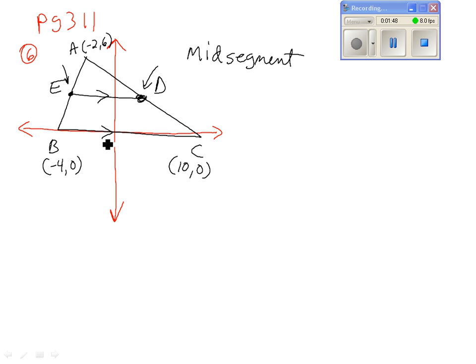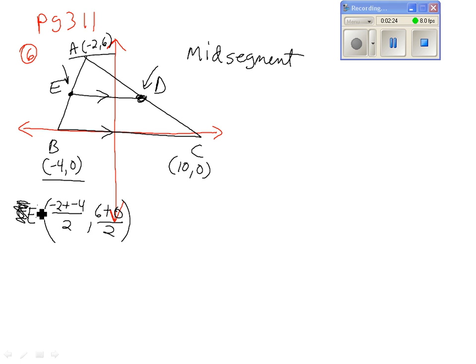So if we are trying to find the coordinates of E, then we're just going to use the midpoint formula. For E, you would just use point B and point A, add your x's together, -2 plus -4 divided by 2, add your y's together, 6 plus 0 divided by 2, and that tells us the coordinates for E.